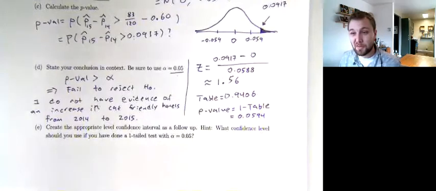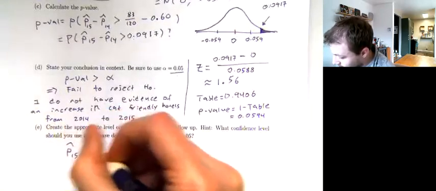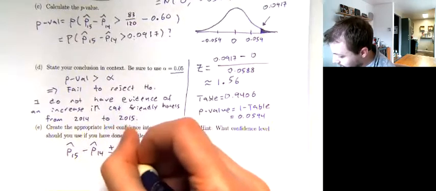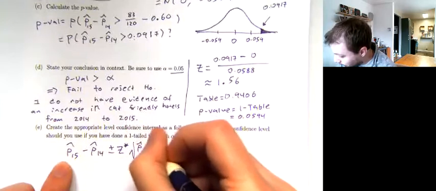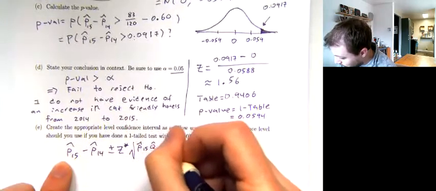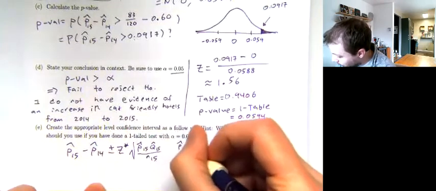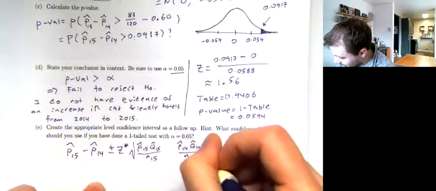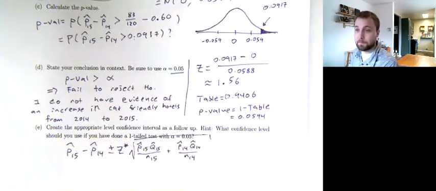I'm going to quickly look at that confidence interval with you, taking my sample rate for 2015 minus the sample rate for 2014, plus or minus my z star. And then I have my sample info for 15, my sample info for 14, and I'm combining the two pieces together.